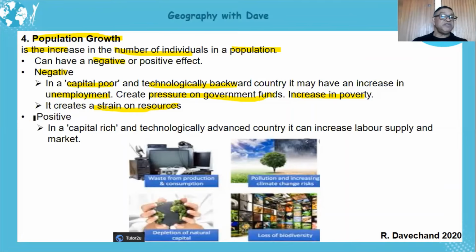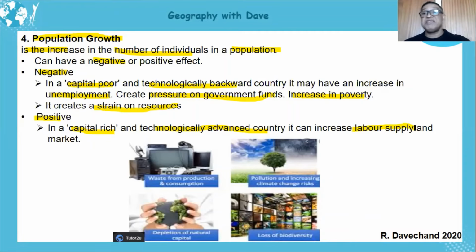But a positive, and this is related to capital-rich and technologically advanced countries. They've got a lot of capital. Their production of goods is high, and they are economically advancing all the time, increasing their production. They're exporting a lot of stuff. Now it can increase labor supply. Some countries need skilled and unskilled labor.